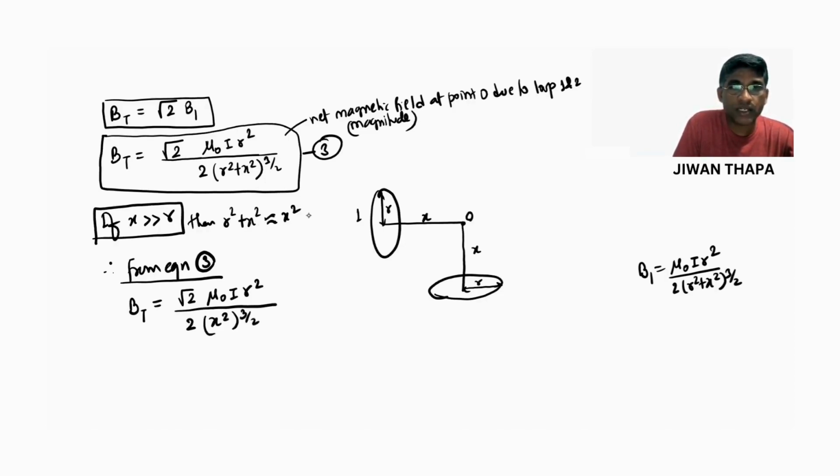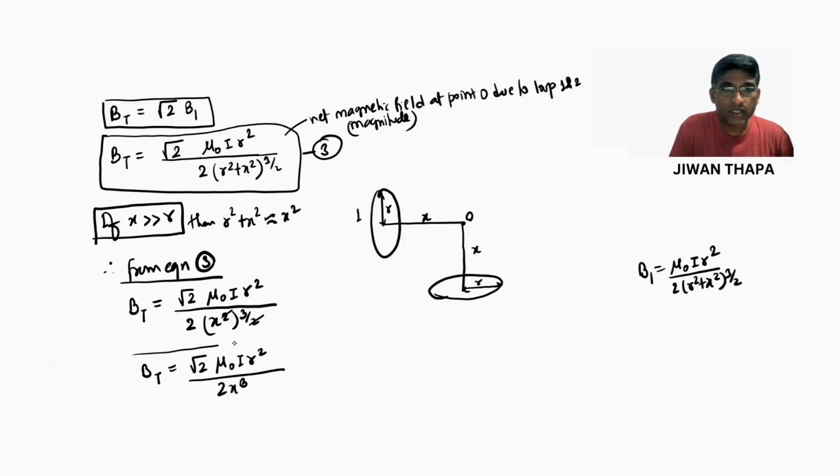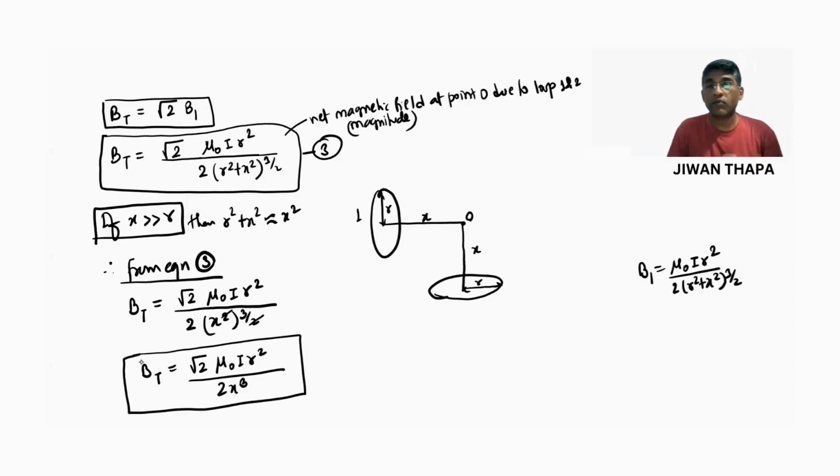Using this, it cancels out, so BT equals under root 2 mu naught I R square by 2 X power 3. This is the total or net magnetic field at point O when X is very, very greater than R, the radius of the circular loop.